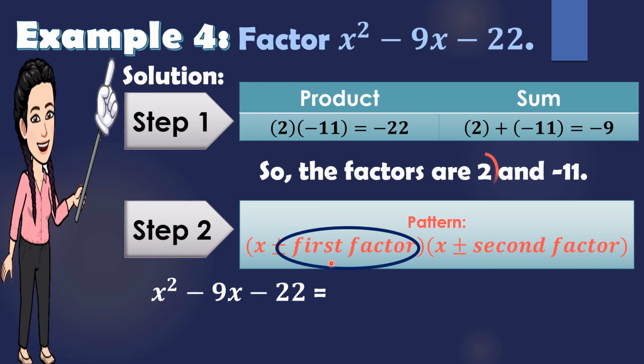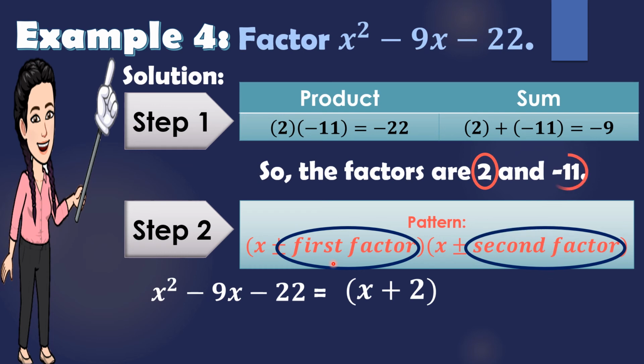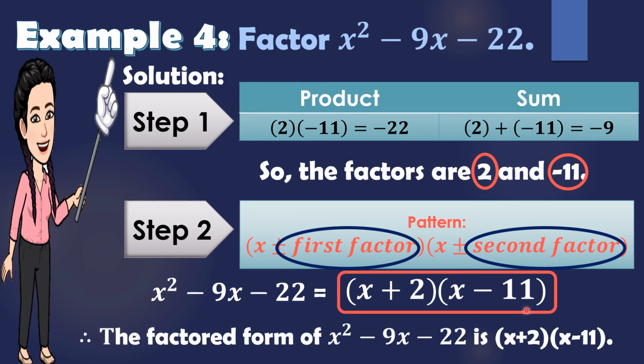So the first factor is 2. The second factor is negative 11. So x plus 2 times x minus 11. Therefore, the factored form of x squared minus 9x minus 22 is the product of x plus 2 and x minus 11.